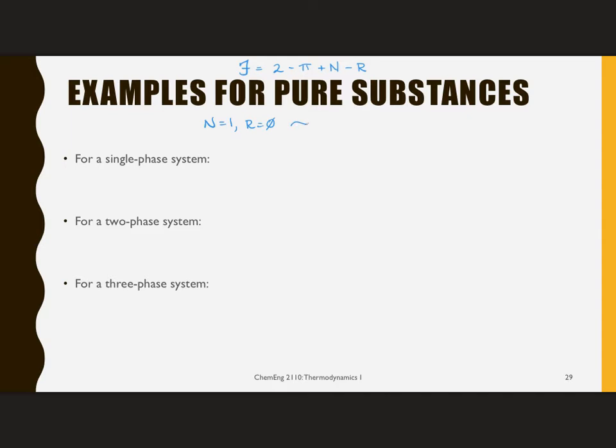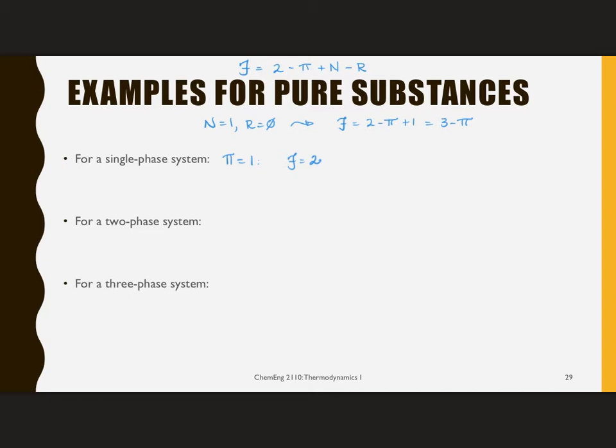And so therefore, my formula simplifies down to F is 2 minus pi plus 1, or 3 minus pi. So if I have a single phase system, like all gas or all liquid, all solid, pi is equal to 1, and the number of degrees of freedom is 3 minus 1, or 2.